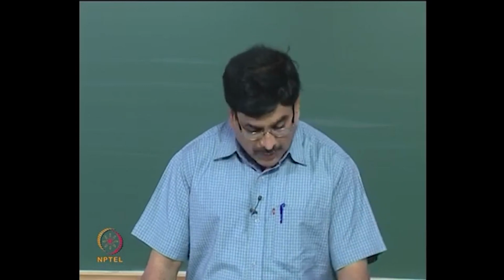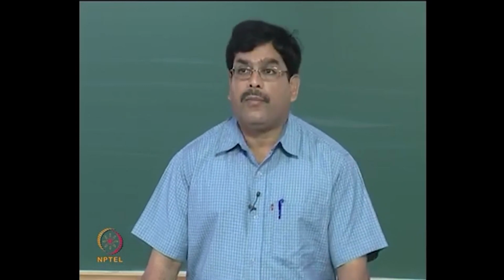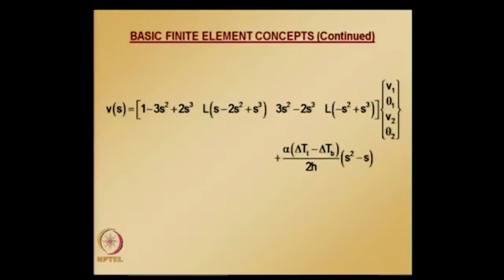So, displacement at any point in the element is given by the first part, which is nothing but interpolation of nodal values, and the second part is the correction coming from the fixed end solution.